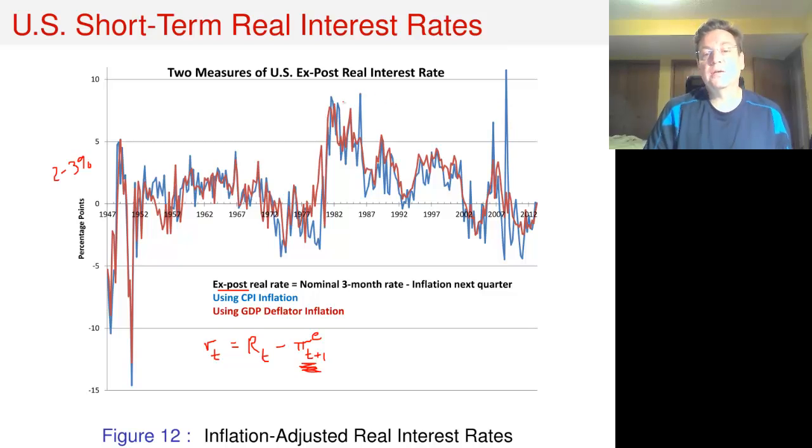And so you can see that during this period, interest rates are clearly well above normal. And then they just kind of hovered around in the normal range for quite a while. And then in the early 2000s, and again, most recently, there has been a lot of volatility in these real interest rates. And as we talked about in class, in recent years, this real rate has been negative.